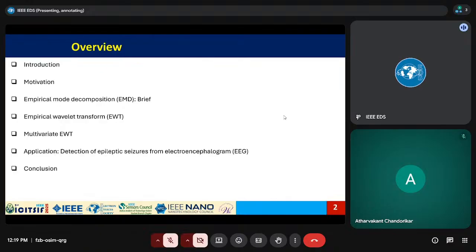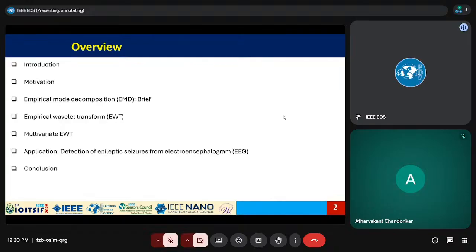After that, we will see empirical wavelet transform, which is motivated by the EMD limitations. Then our group has proposed multivariate empirical wavelet transform, which will be explained, and after that you will see its application for detection of epilepsy from EEG signals.